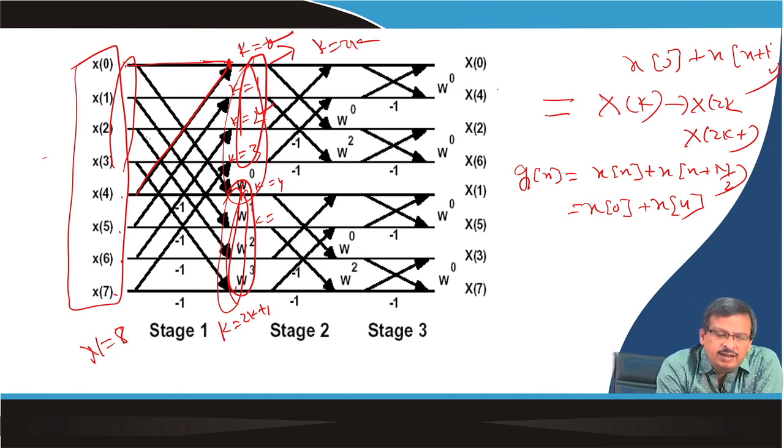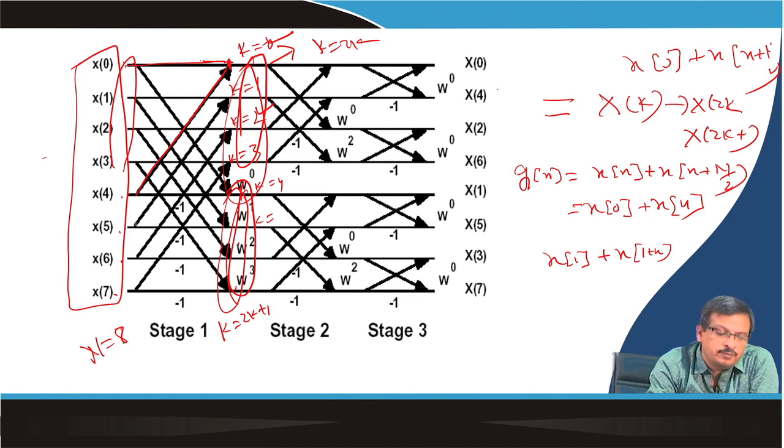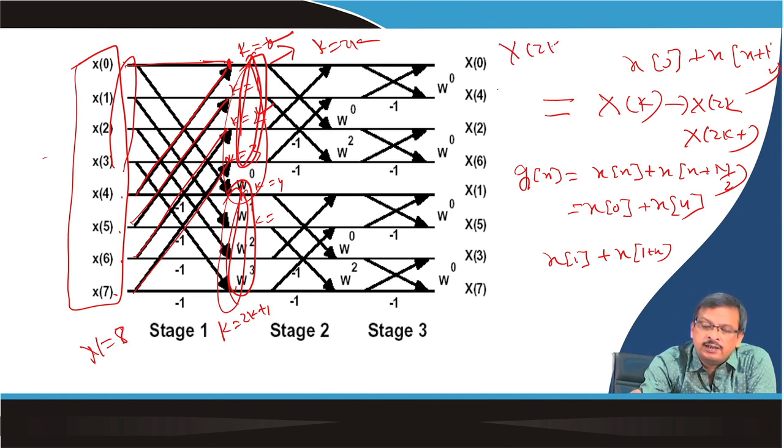Now, again when I say x of 1, then I know it is x of 1 plus 4, which is 5. Add together, add together, add together. So, the first 4 points are x of 2k. The second 4 points are x of 2k plus 1, which is negative.